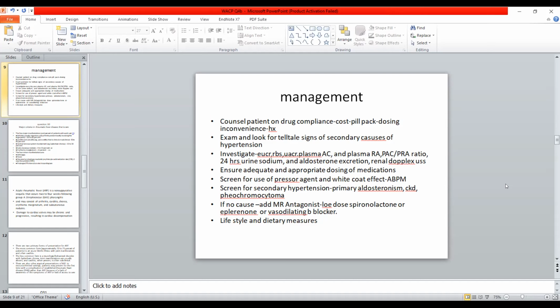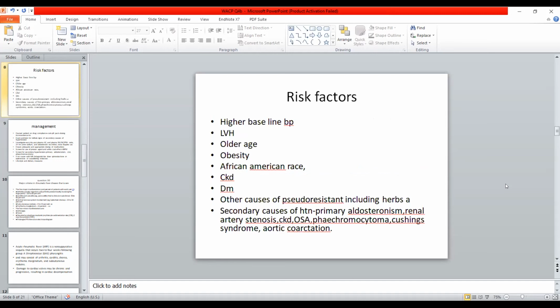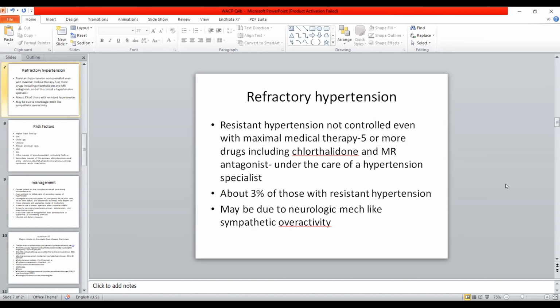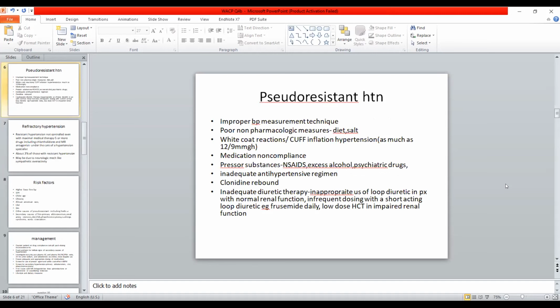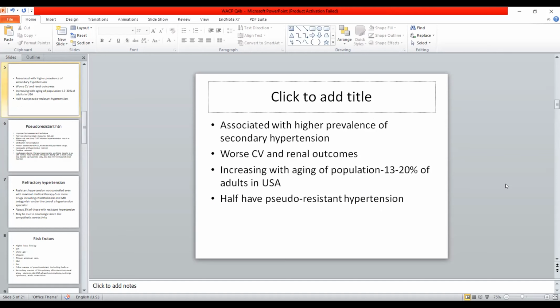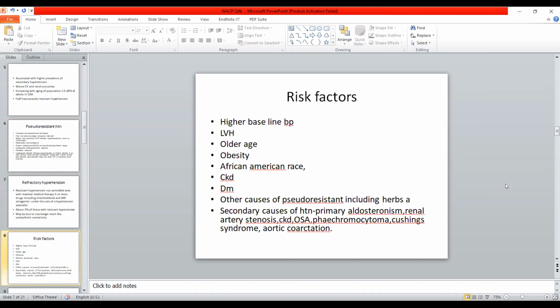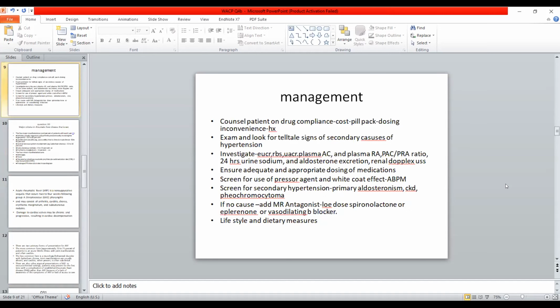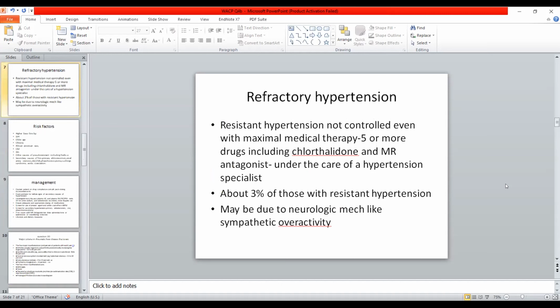Yes, there's something you said before this slide. If you can go to the previous slide, go backwards. Yes, this one.